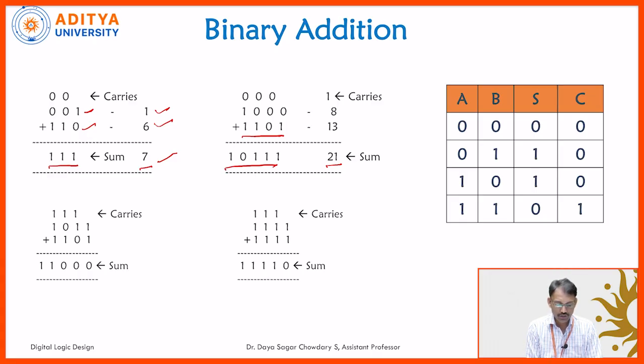Here also the inputs are 4-bit and the output is 5-bit. With all ones as 4-bit inputs, the output is again a 5-bit representation. With the help of this truth table, we can simply add these two numbers.